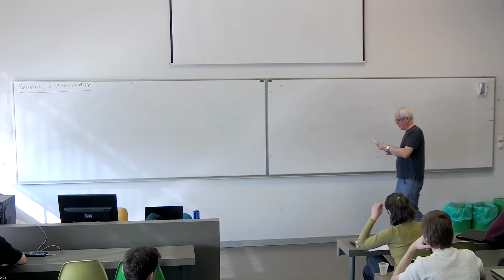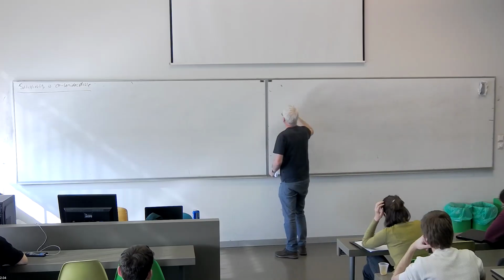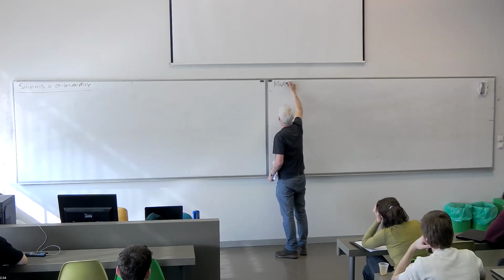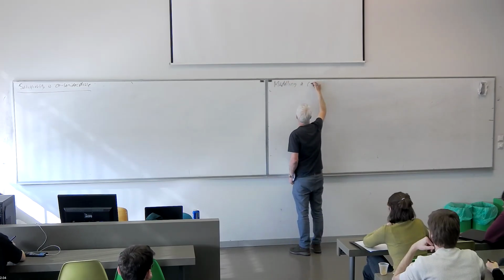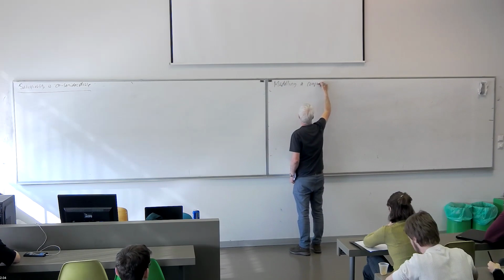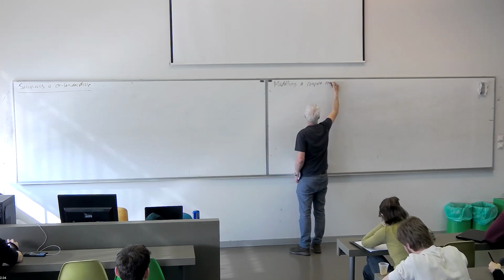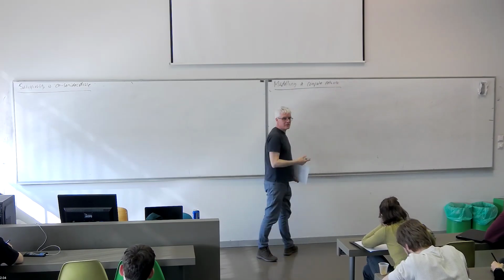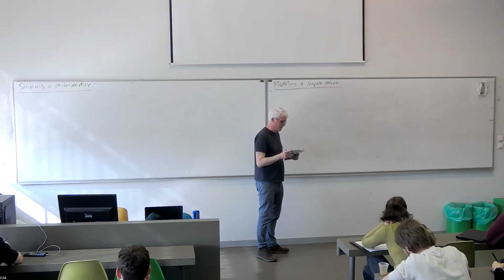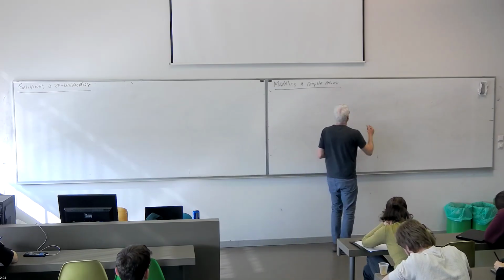So, modeling a terribly simplistic computer network. We're going to have a signature that in this case is just going to consist of relation symbols.